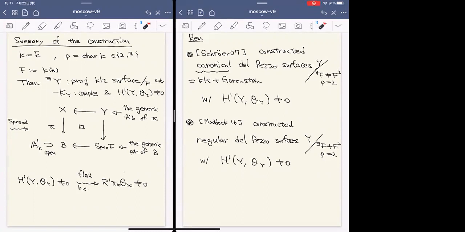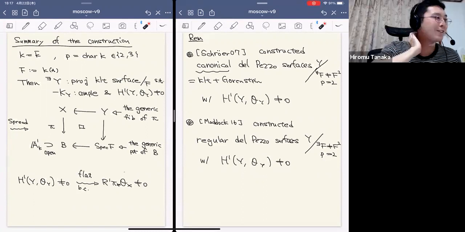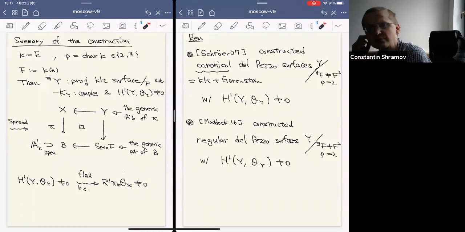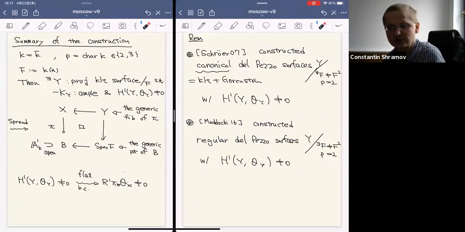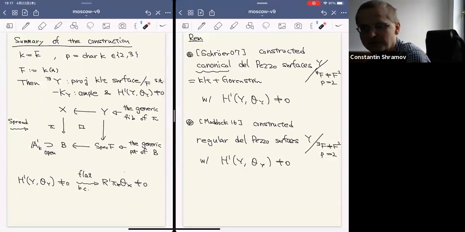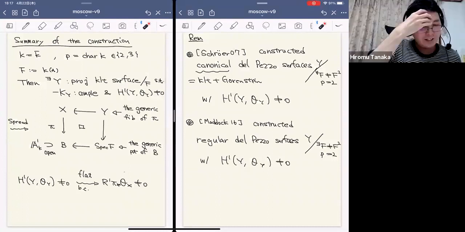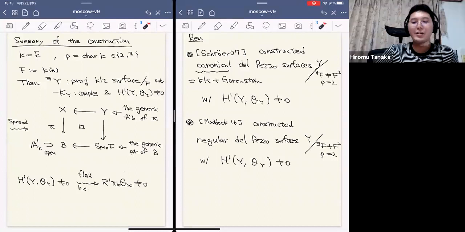Maybe. So yeah, I do not know what is the definition of Du Val singularities over an imperfect field. Maybe over an algebraically closed field, it's Du Val. And I think that in positive characteristic, even over an algebraically closed field, the equations are not so explicit as they are in characteristic 0 with Du Val singularities. Yeah, you are right.